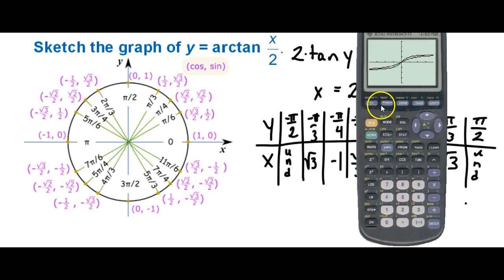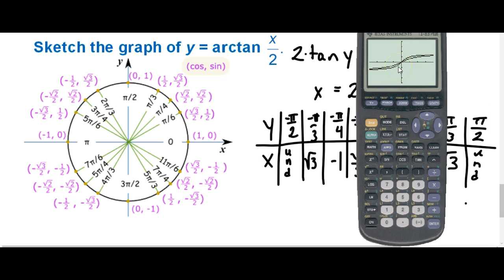Let me just look at that one more time, to see which one was which. Okay, yeah. So as I said, it does appear to be expanded a little bit horizontally.